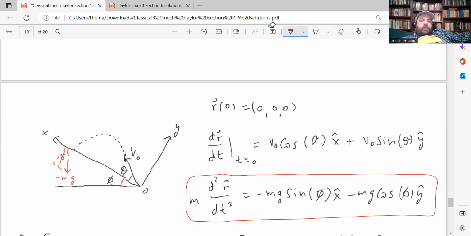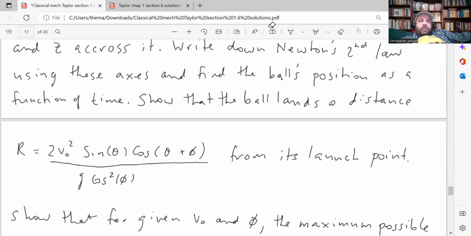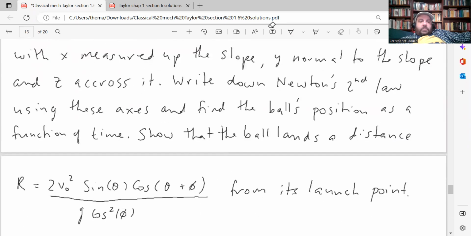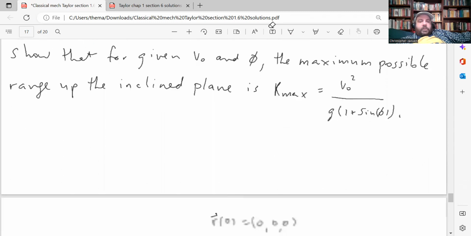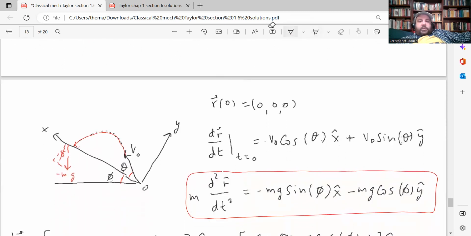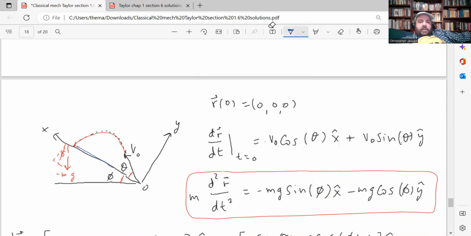So they want us to find the distance that it's traveled up the hill. In other words, they want us to show that this distance here is that complicated expression that they have up there.